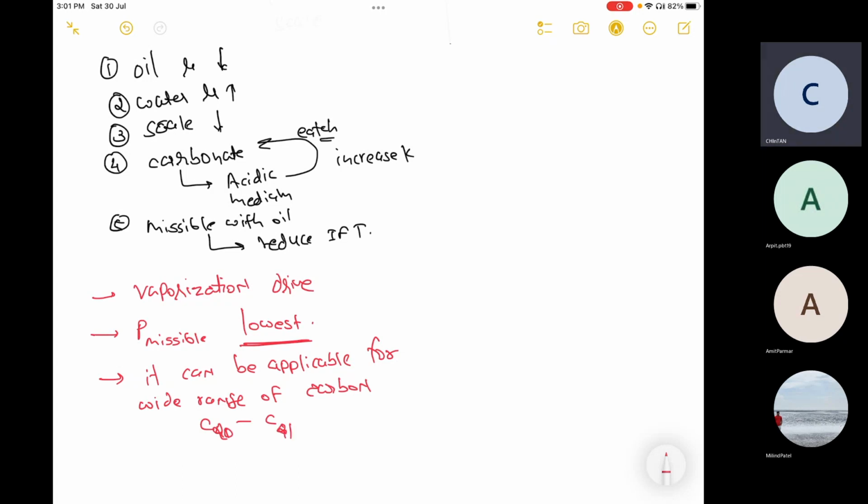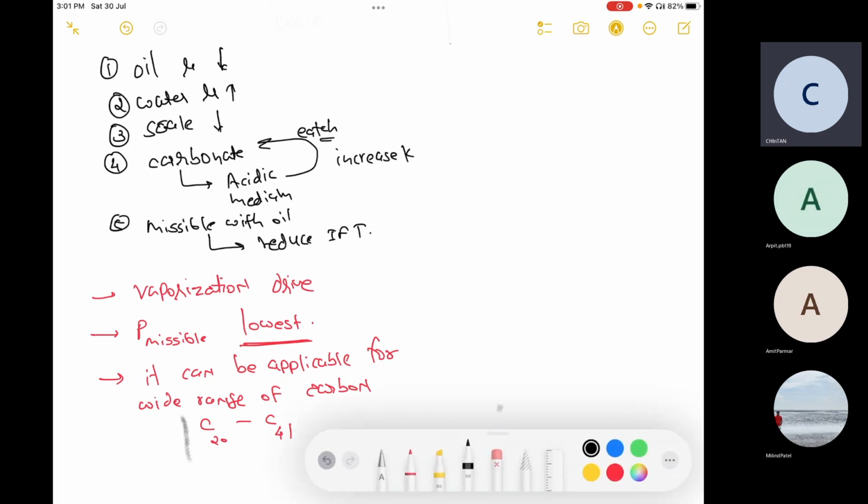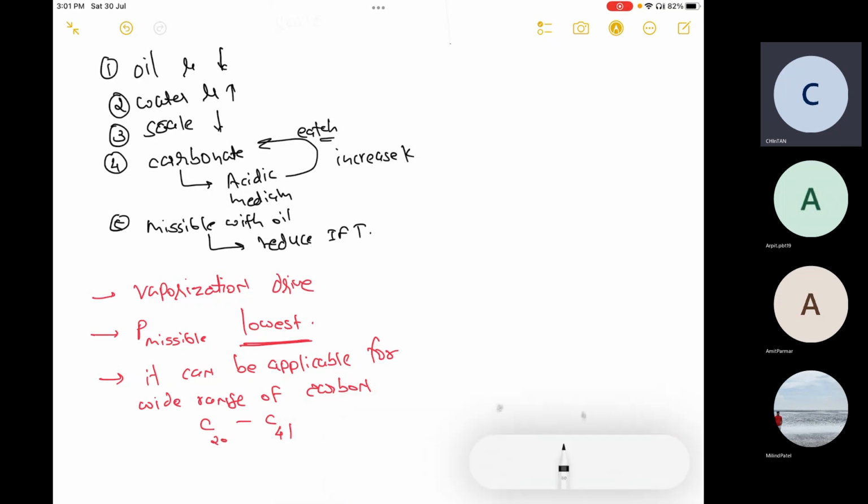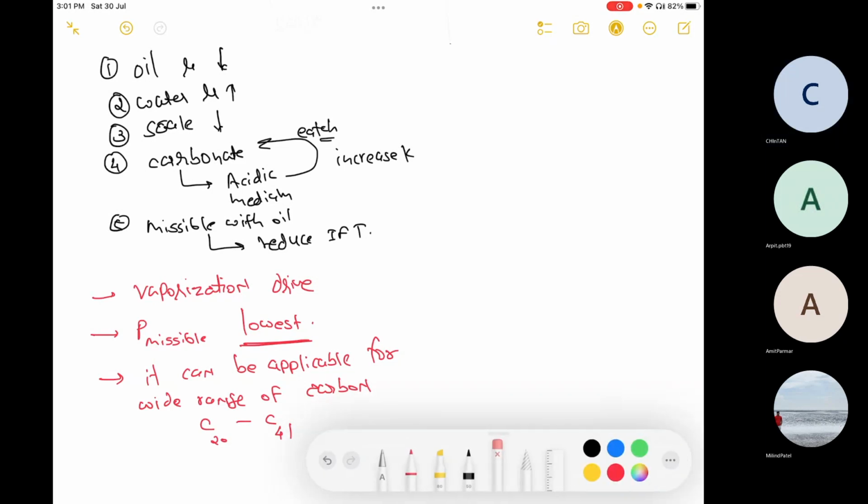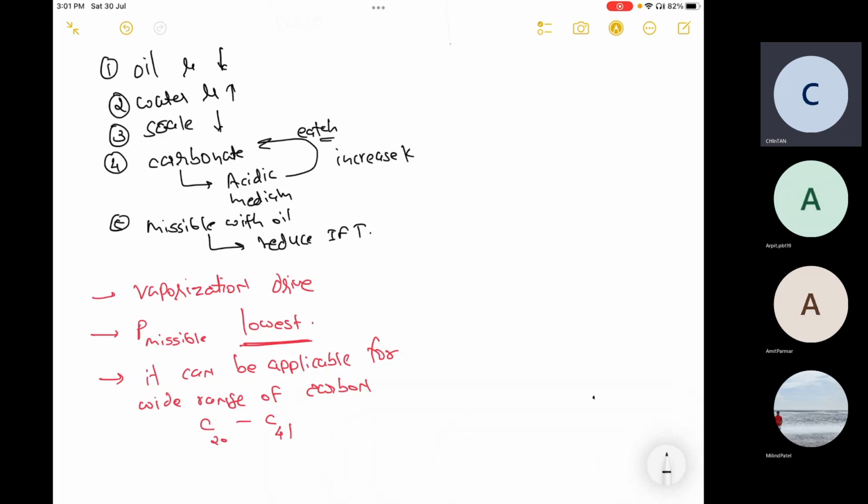Okay, this is not the case with all other flooding. This is a unique property of CO2. Okay, we can prefer it because this is compatible with whatever other solvents we discussed, for a wider range of the carbon.